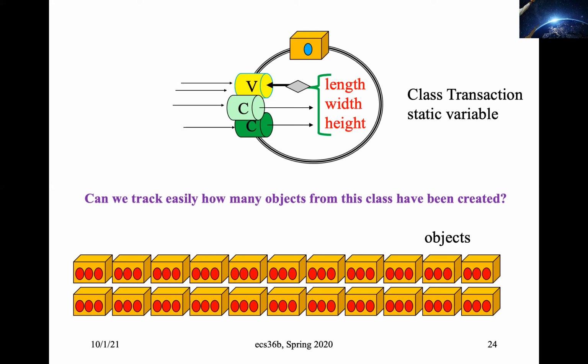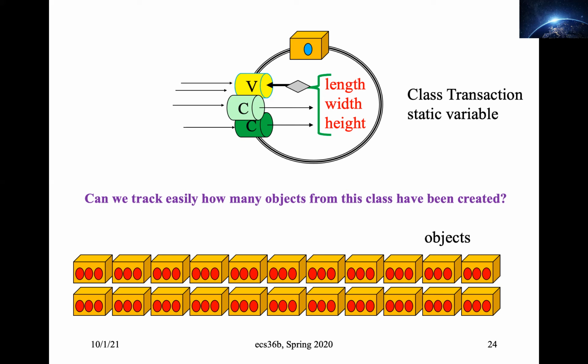That one is just one copy. It's a static variable because every piece of code shares that variable. Therefore, that is a concept where you can associate an attribute only with the class and not with the object.